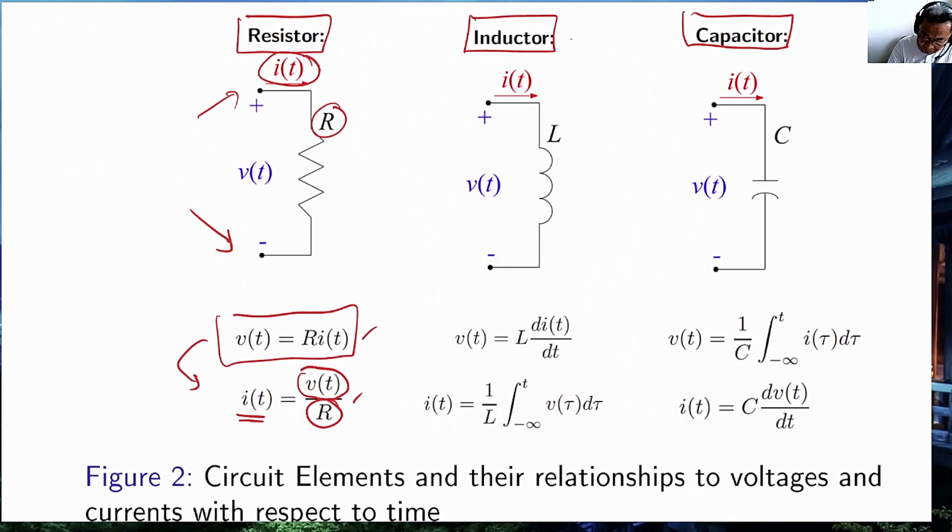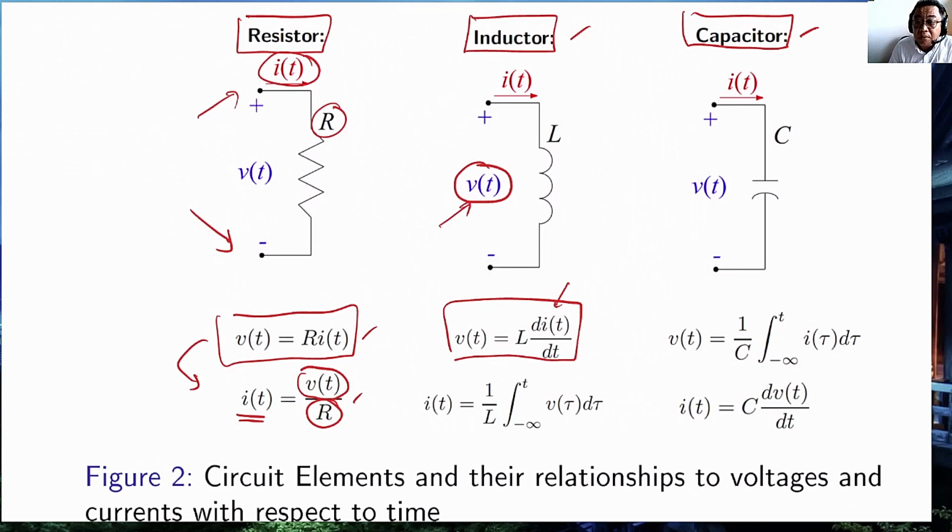Now, an inductor and a capacitor behave slightly differently. The voltage drop across the inductor is actually dependent on the derivative of the current. So the faster the current is changing, the more voltage will be dropped across these 2 points.